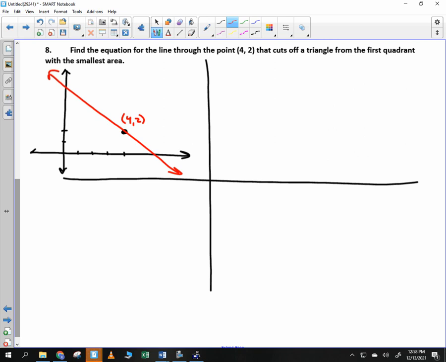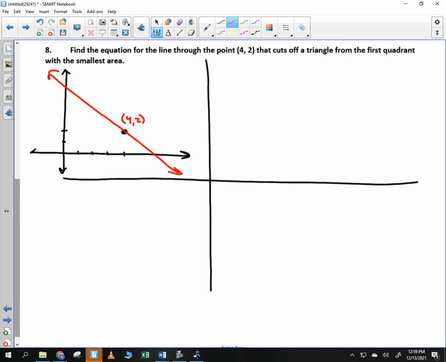Okay. Need to find an equation for a line that passes through (4, 2) that cuts off a triangle with the smallest area. We do have economics applications. We don't have time to get to those, but this is kind of the last one we were with.